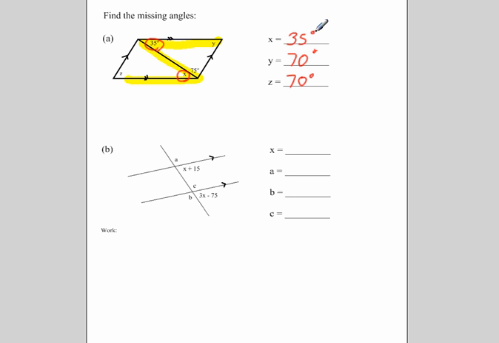In the bottom example, we're starting to combine some of the algebra work we did with some of the knowledge that we have of geometry. Again, I know that I've got parallel lines because I see these arrows. So I have to think about what's the relationship between this angle and this angle. Hopefully I'll see that there is an F pattern.